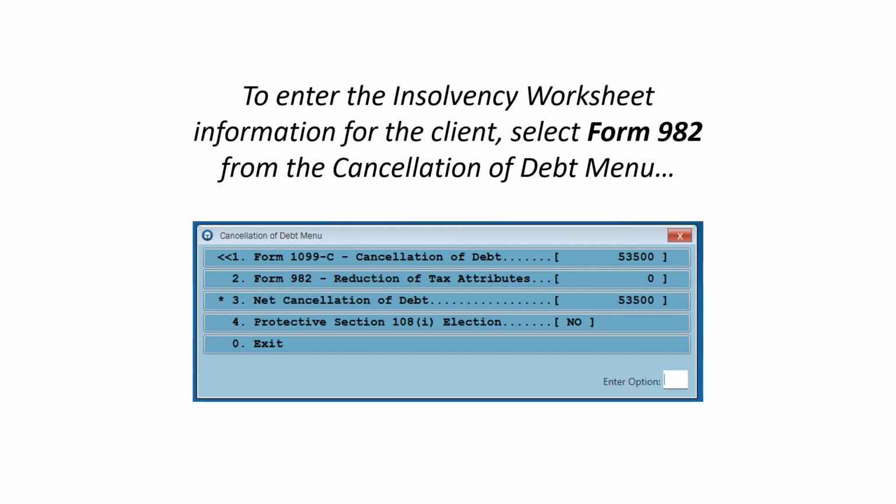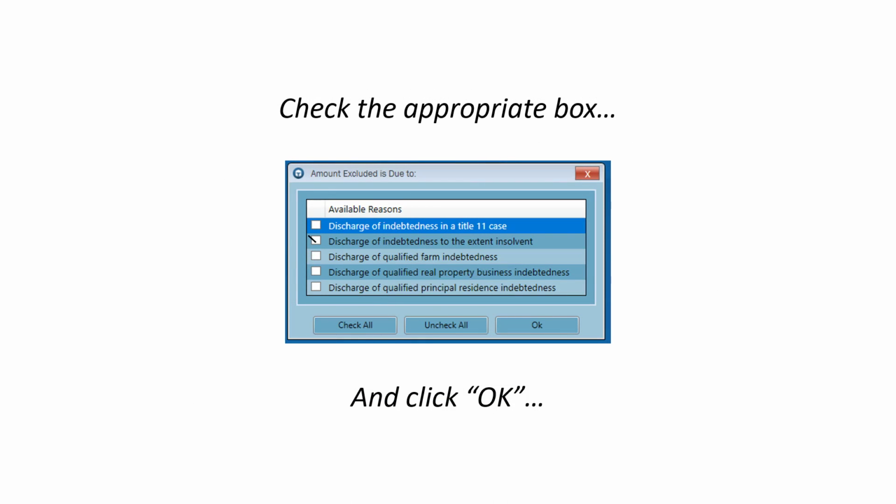Now comes the fun part. To enter the insolvency worksheet information for the client, we'll select Form 982 from the Cancellation of Debt menu. We'll check the appropriate box, Discharge of Indebtedness due to the extent insolvent, and we'll click OK.